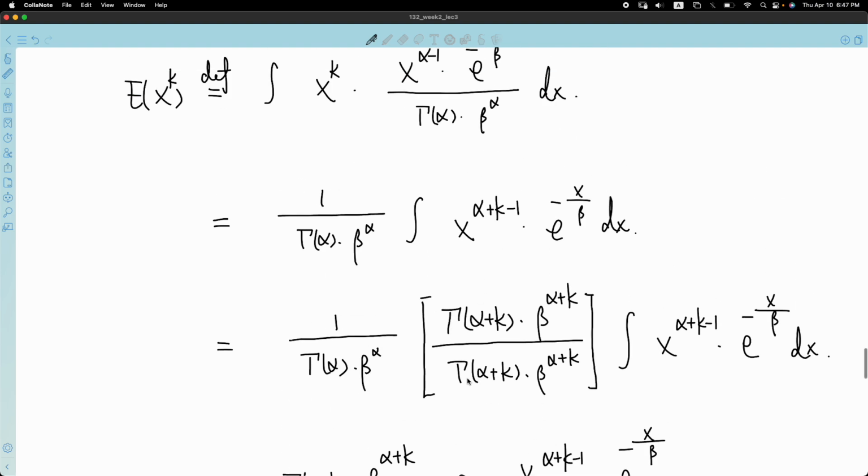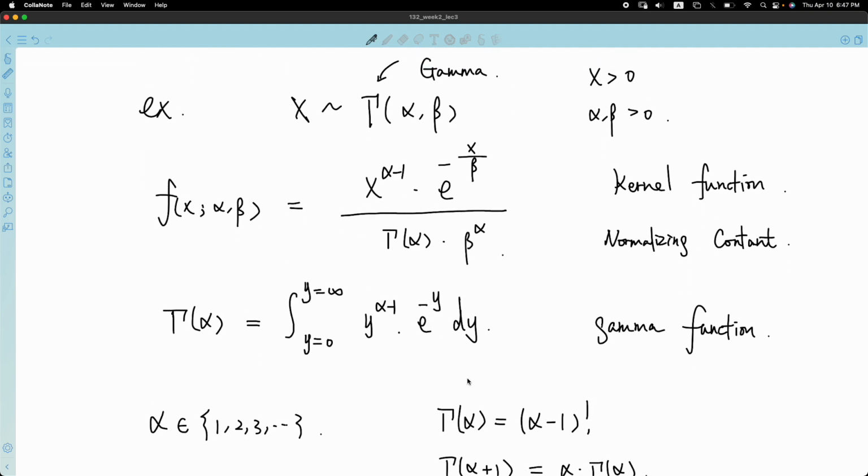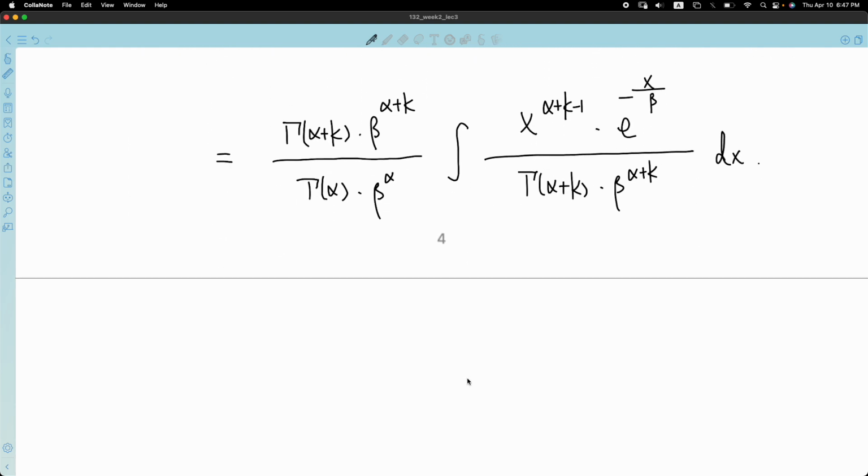Okay, so here is the PDF for the gamma distribution. It looks like this. So now if you think about this alpha as alpha plus k, so this alpha becomes alpha plus k, this alpha becomes alpha plus k minus 1, then essentially you will have the same thing here, the thing inside the integral.